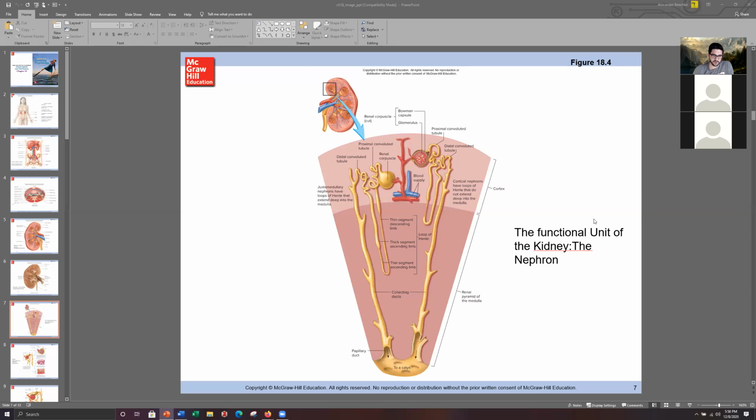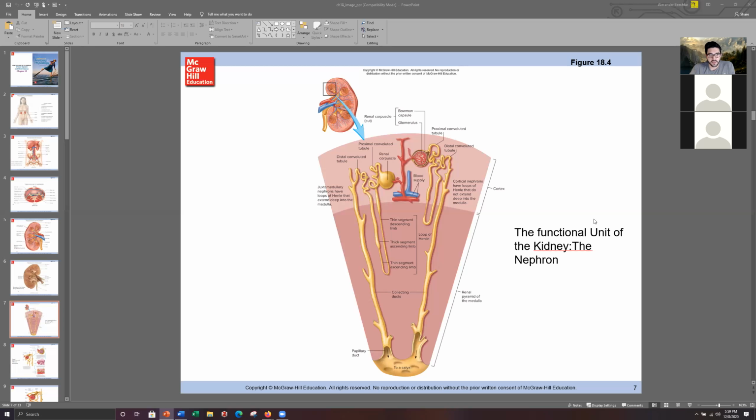So if our blood pressure goes up or down, we have chemical and hormonal signals that will trigger different kinds of responses to make us either drink water or feel like we don't need to drink water, or produce more urine, or filter more waste out of our bloodstream, right? All of these things take place in the nephron.